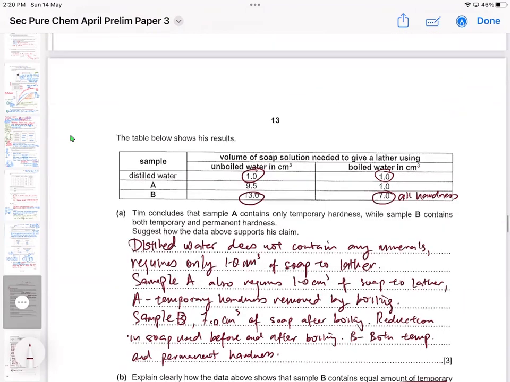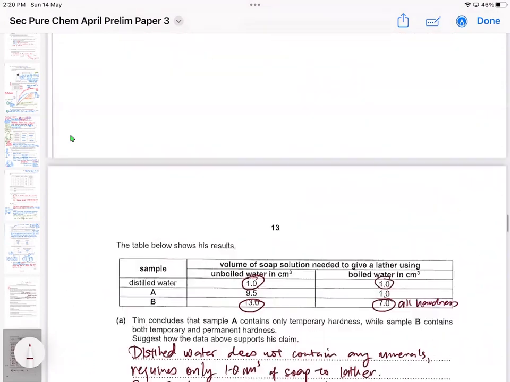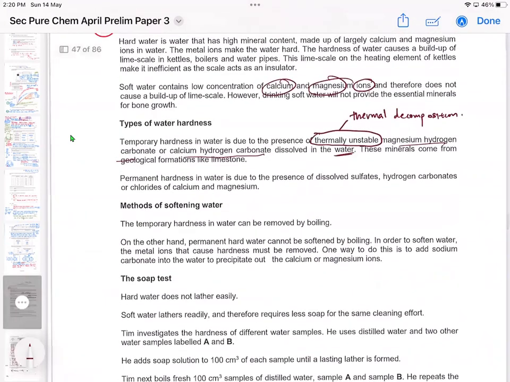So if we want to remove, if magnesium can be removed through the heating process, that means you must have formed a magnesium compound that's in a solid state. Because the question in front has already mentioned, all these ions are removed by precipitation. It's the removal of the precipitate of calcium and magnesium ion through the addition of sodium sulfate.